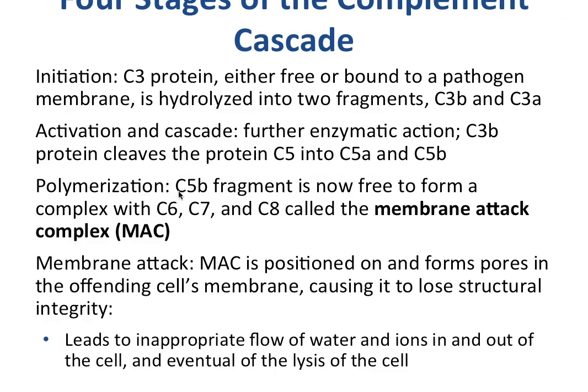For example, we have the C3. Okay, C3 can induce this cascade. So C3 can become C3b and C3a. Then C3b can cause C5 to become C5a and C5b.